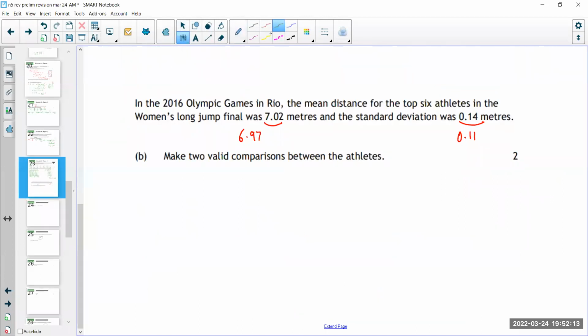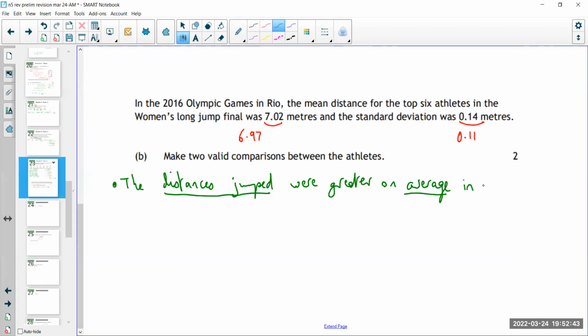The first one, we would say the distances jumped were greater on average. Important. So 2 things here is average and distances jumped.